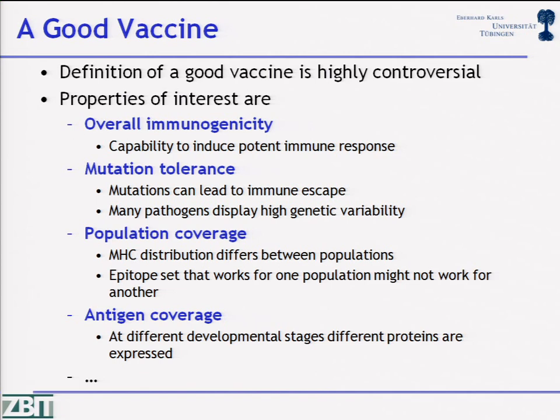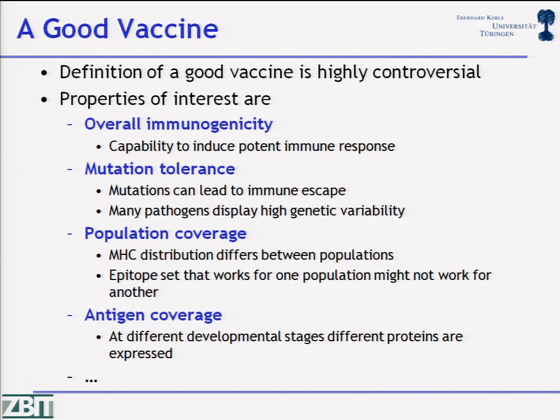And that's one of the reasons why we decided we're not going to solve one problem, but we're going to present a mathematical framework that allows you to formulate different flavors of the problem, different immunological requirements to this vaccine. And there are certainly some properties that are of interest to everybody who wants to design a vaccine. Of course, you want to reach a good overall immunogenicity.